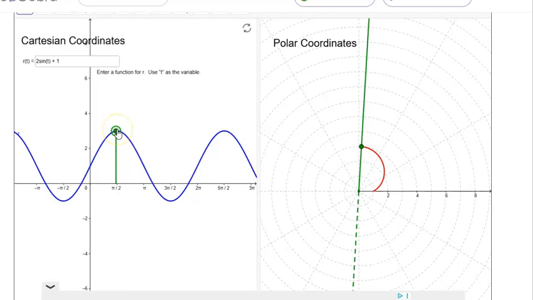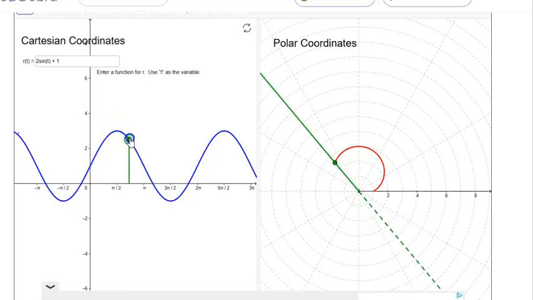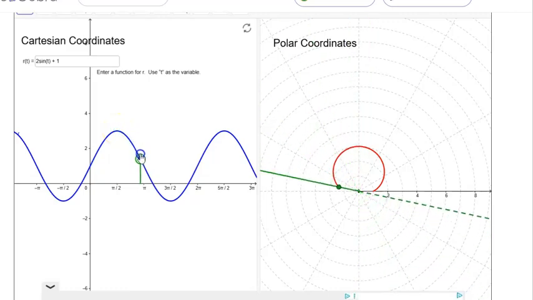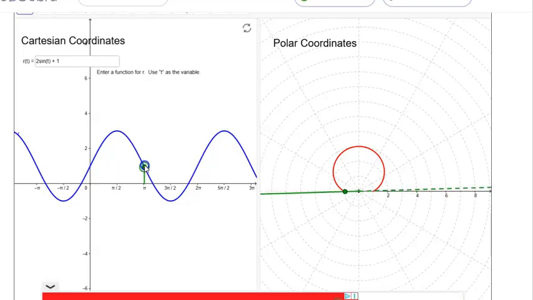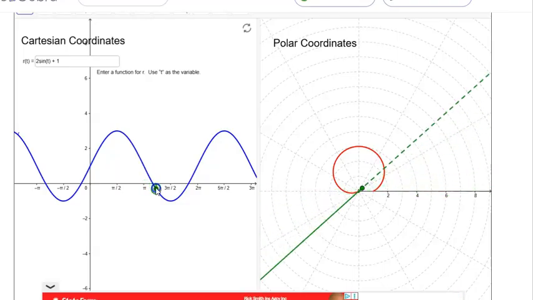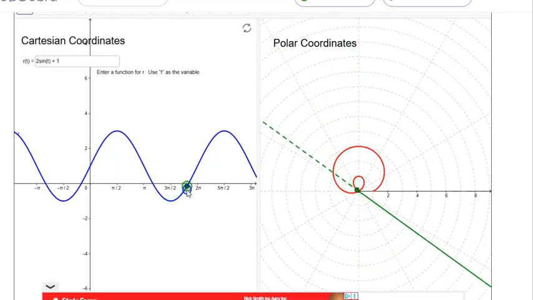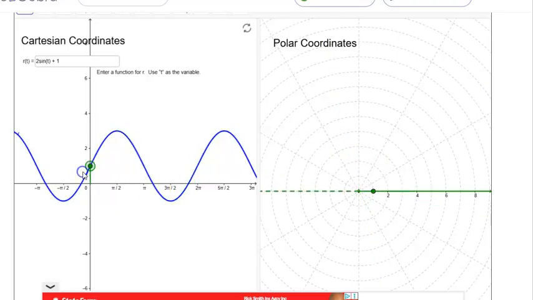So what about if I go from half pi on? It's going to trace it like this. All right, I'm going to go back to the beginning one more time. This time I need you to pay attention to the distance from the origin to the point, whether that's increasing or decreasing.